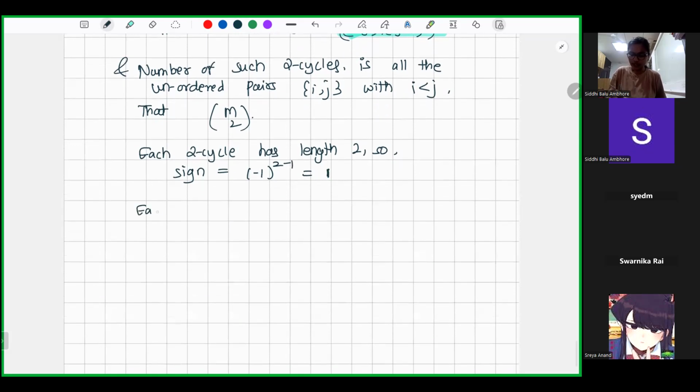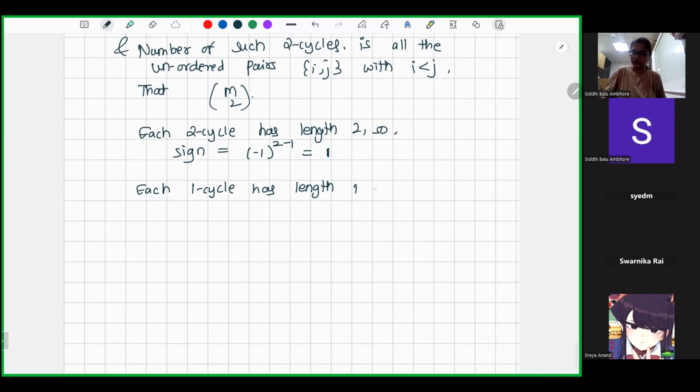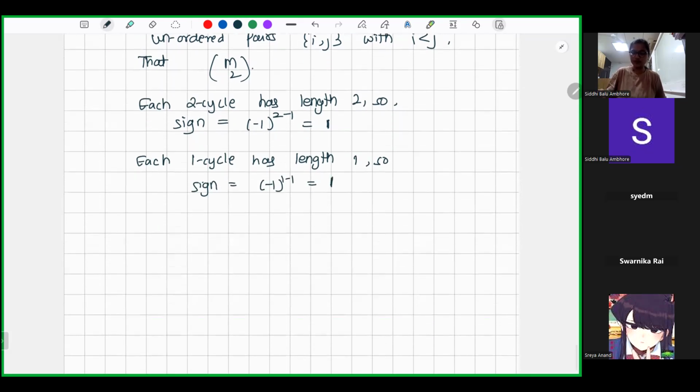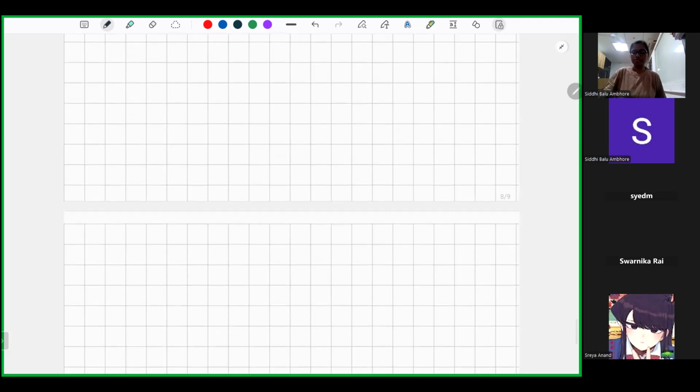And for each diagonal entry, that is a one-cycle, it has length 1. So the sign will be (-1) to the power 1 minus 1, that will just be 1.